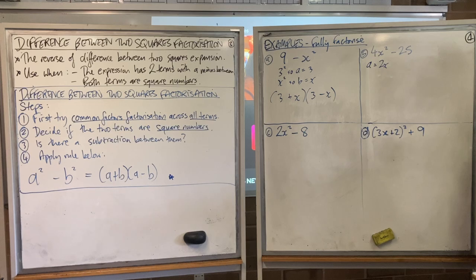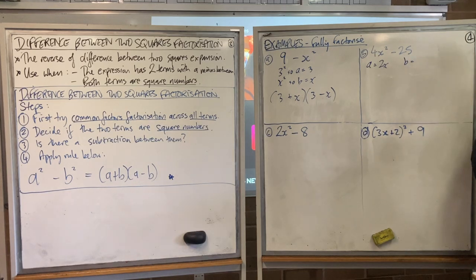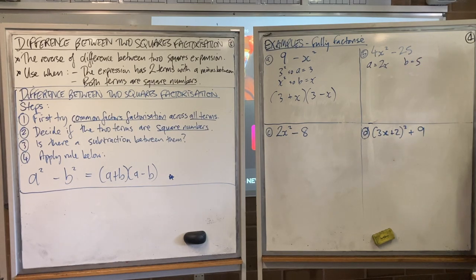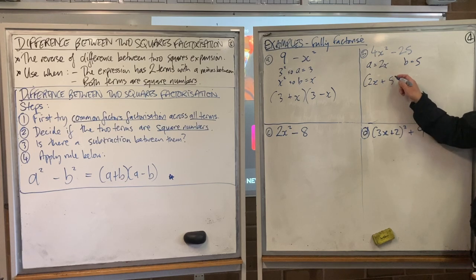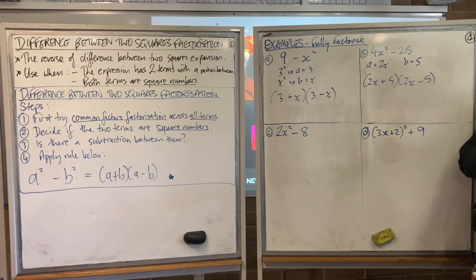Can we confirm that? What's 2x times by 2x? 4x squared. Well done. And B is going to be, is 25 a square number? Yeah. What do I times by itself to get 25? 5. So I've decided what A and B are. So now in the brackets, 2x plus 5, 2x minus 5.